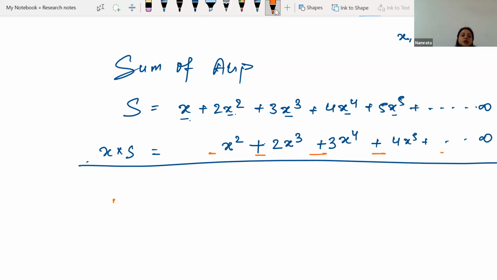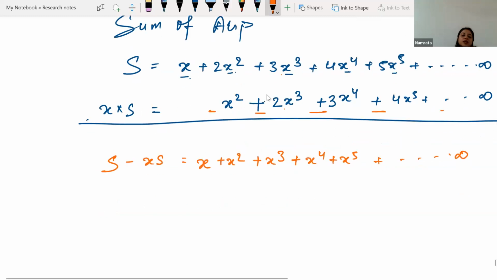So here we will have S minus xS, and here we will have x. 2x square minus x square is x square. 3x cube minus 2x cube is x cube. 4x to the power 4 minus 3x to the power 4 is x to the power 4, plus x to the power 5, plus like that till infinity, right, Lina?